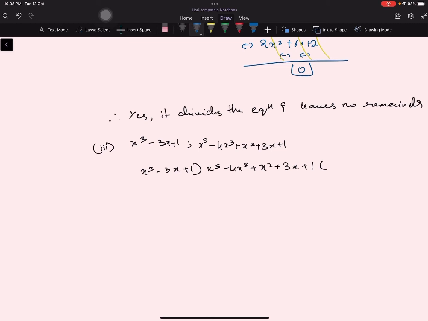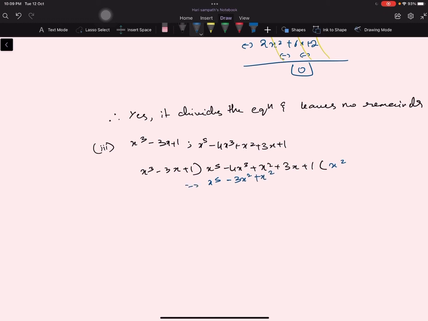So the first thing we are going to be multiplying it with is x square in order to get x raised to the power of 5, and we actually have minus 3x square and x square.